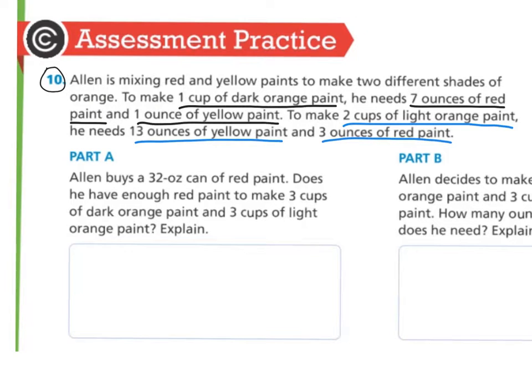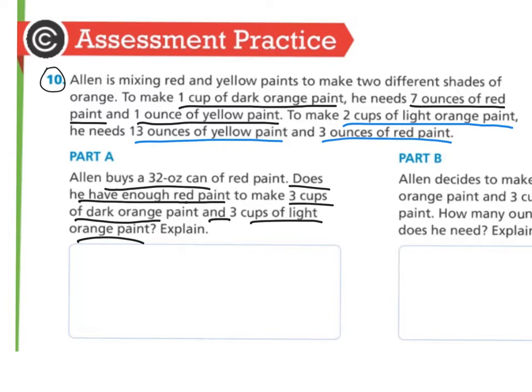So for the first part, Alan buys a 32-ounce can of red paint. Does he have enough red paint to make 3 cups of dark orange and 3 cups of light orange paint?